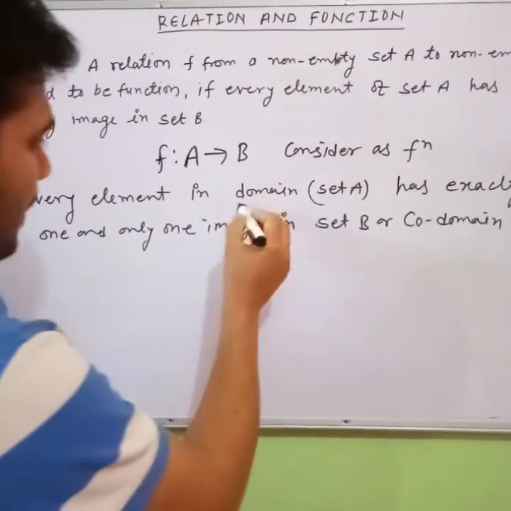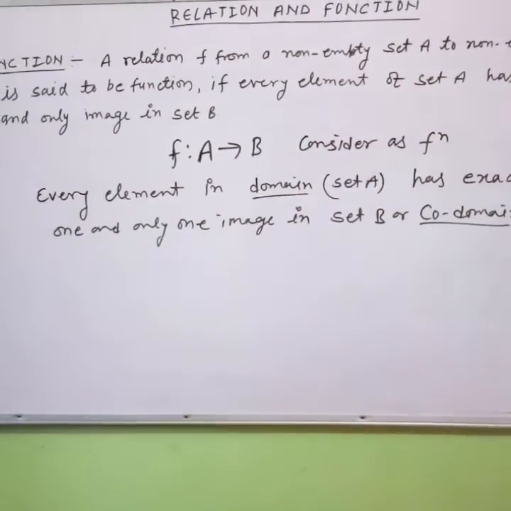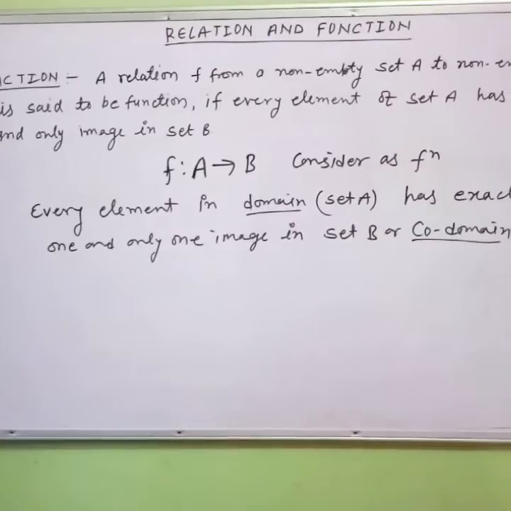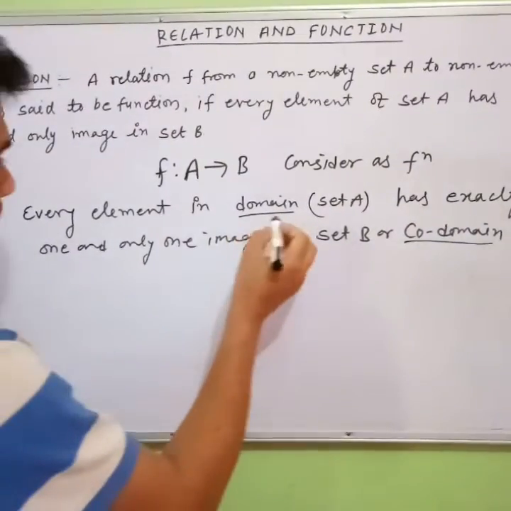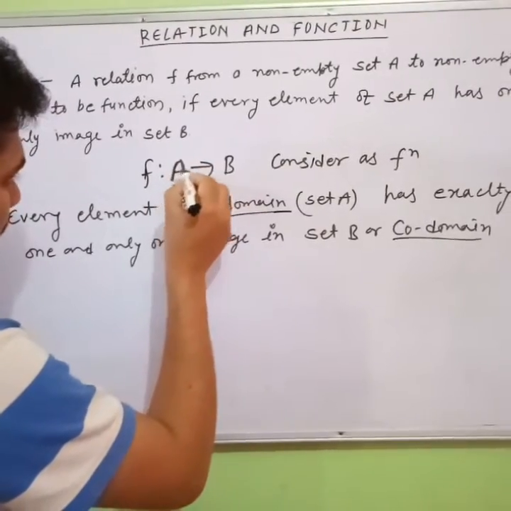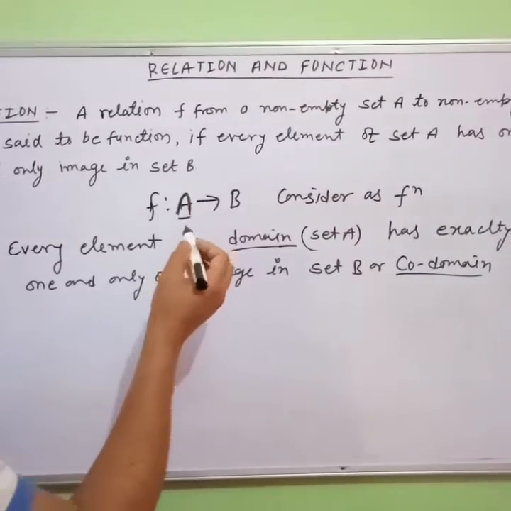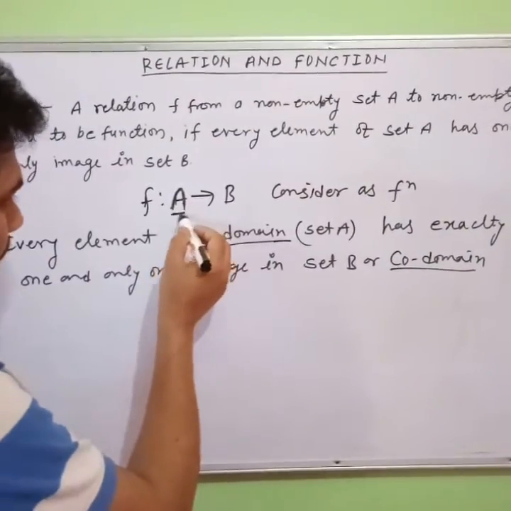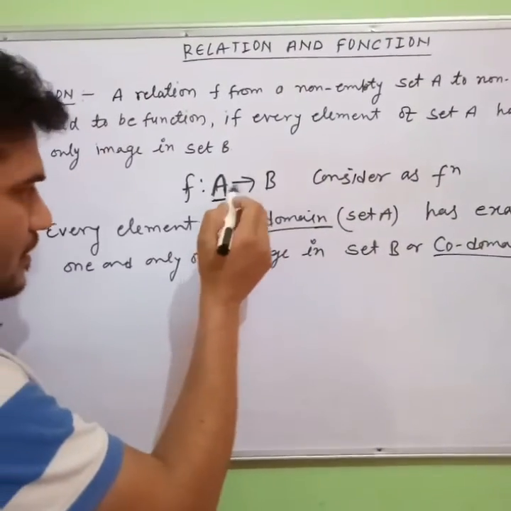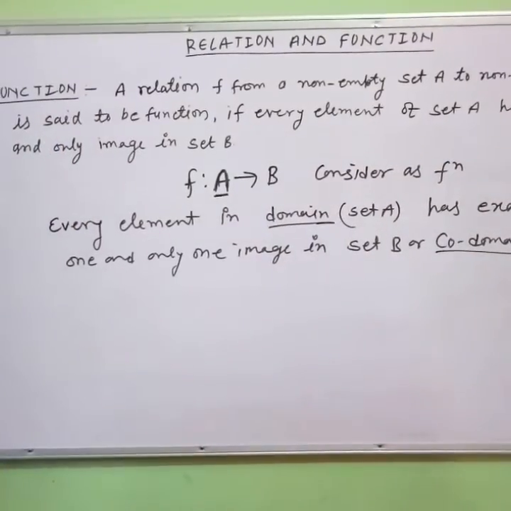Now, what is domain and codomain? In 11th class, we have taught the domain. Set of all elements in set A is called domain, and set of all elements in set B is called codomain.